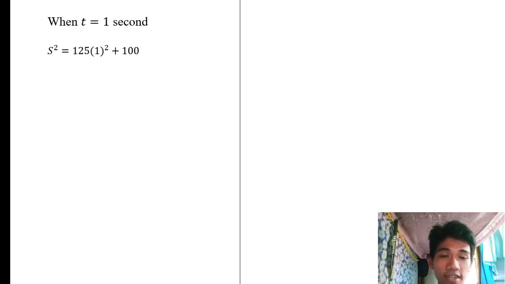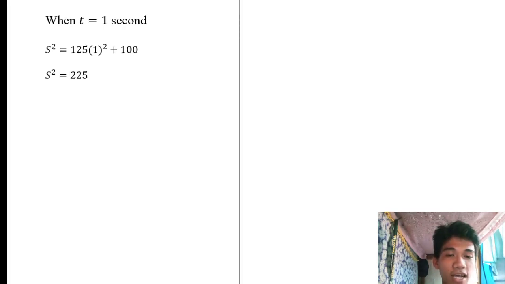So i-substitute na nato ang value of t. So we have the s squared equals to 125 quantity of 1 squared plus 100. So i-simplify nato siya. Still we have the value of s squared equals to 225.